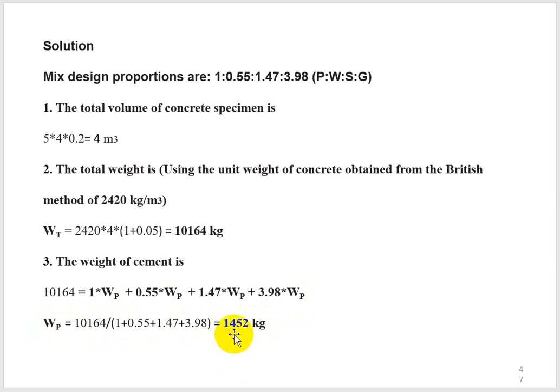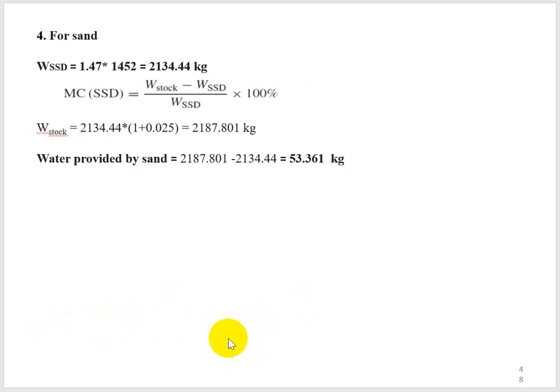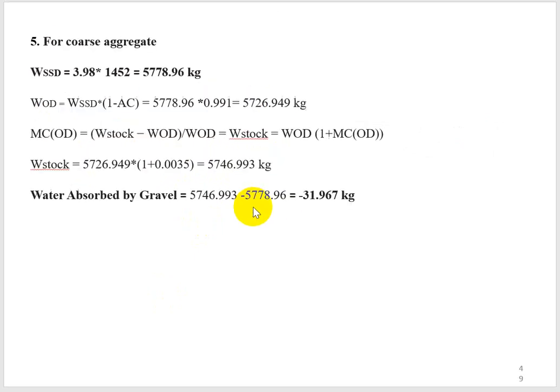Okay, so all set now. We have calculated the weight of the Portland cement, so everything should be easy. And now we get the sand by doing all these steps we did before, and then subtracting the stock from the SSD. We get that amount of mortar that should be subtracted from the design mix water.